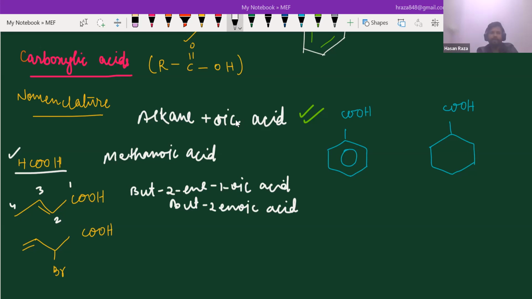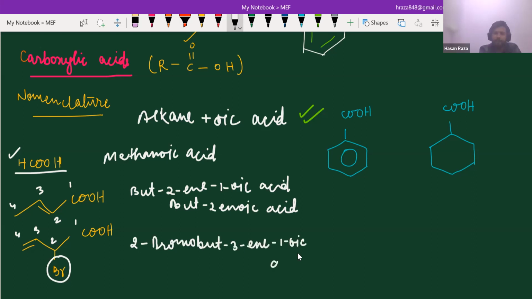How many carbons in the parent chain, Madiha? See, if you do the numbering 1, 2, 3, 4, 4 carbons are there. First, you write the name of the branch. So here, this is the branch, so I'm going to write 2-bromo. Then jump to the parent chain: 4 carbons. And at the third carbon it is doubly bonded, so 2-bromobut-3-enoic acid.